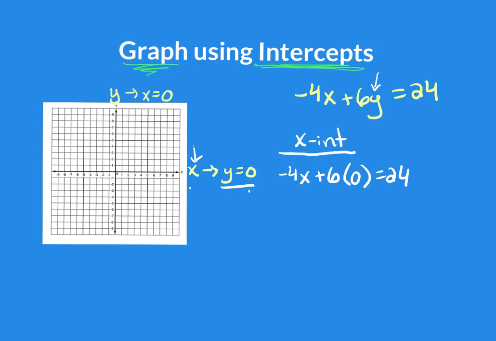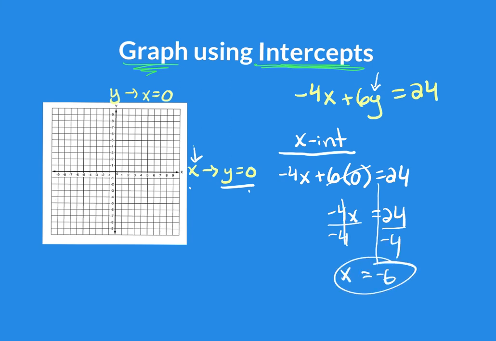All right, and then solve for x. So 6 times 0 is 0. So -4x equals 24. And then divide both sides by -4. So x equals -6. So what that means is that this equation has a point on the x-axis at -6. So I'm going to put a dot right there.